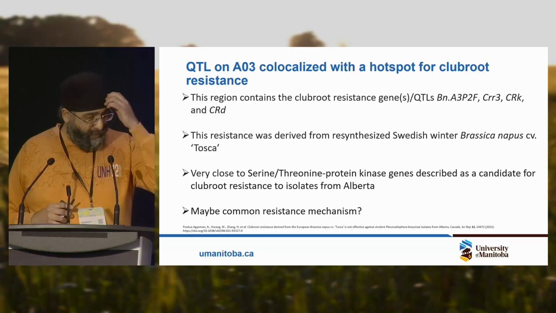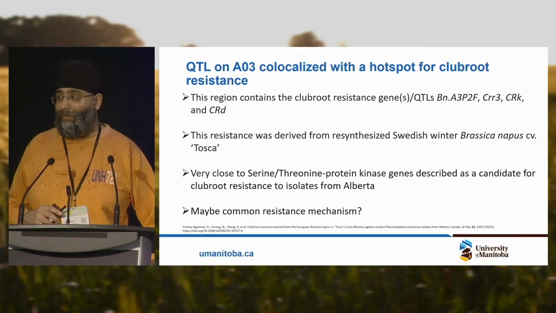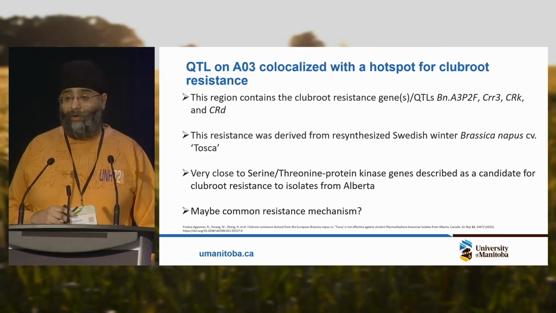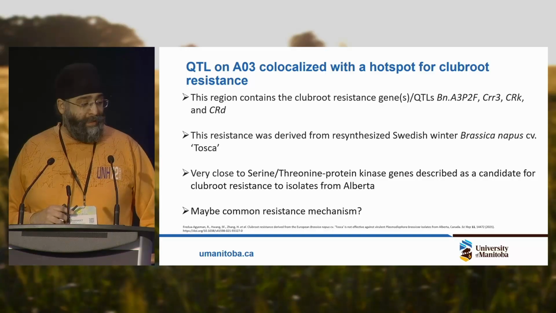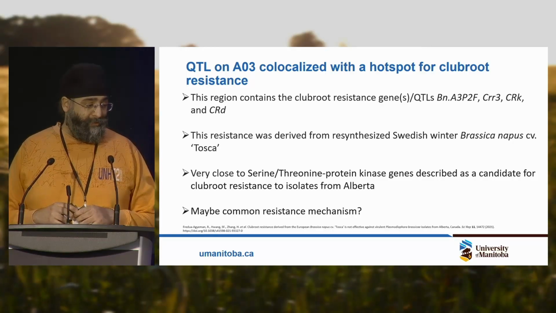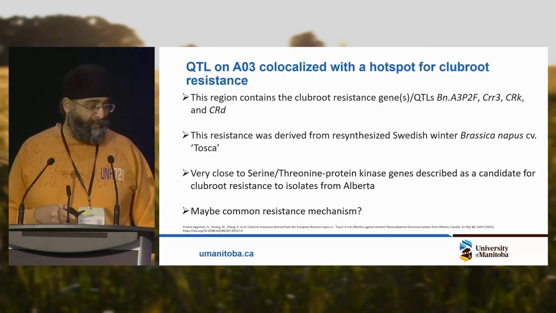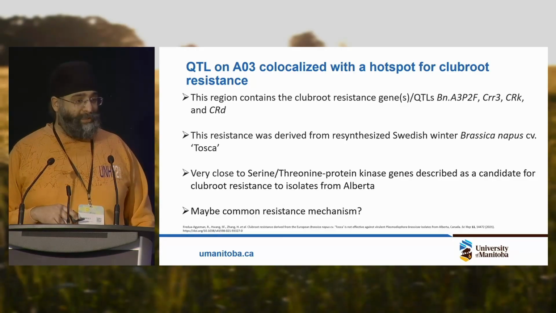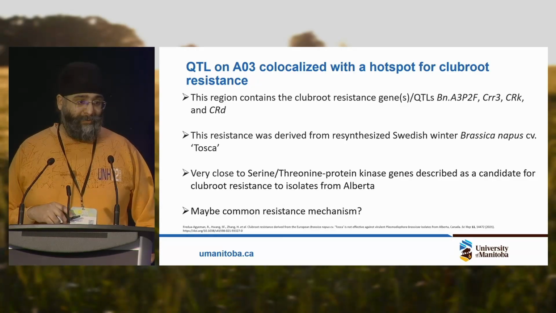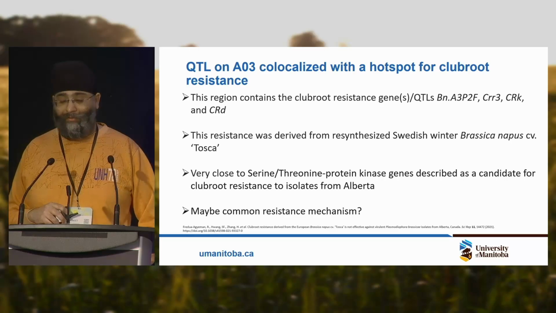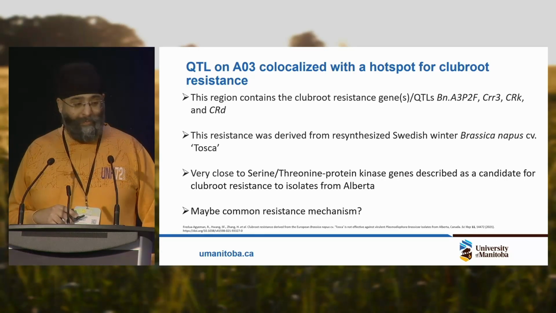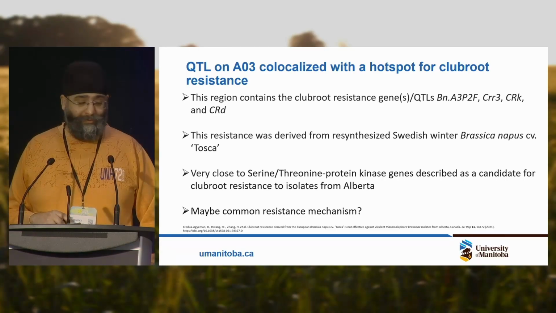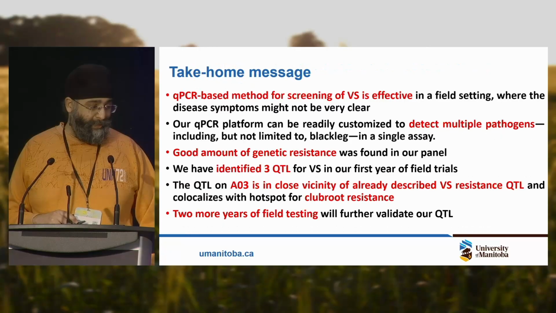So it's a very interesting region to look at, and maybe there is a common mechanism occurring in those 2 diseases. And last evening over a beer conversation, somebody also said that this region has some fusarium resistance or susceptibility genes. So it looks like it shows up for almost any disease. It's a very interesting place to work on.